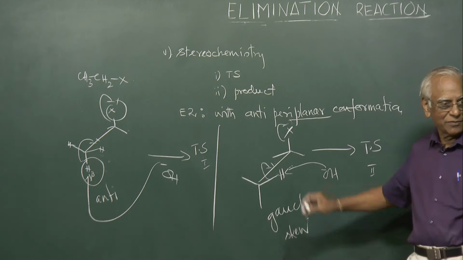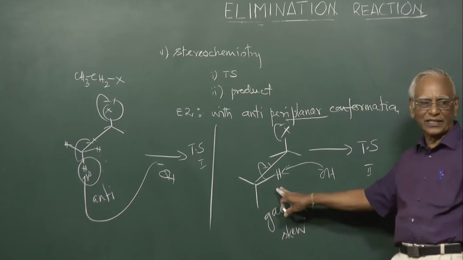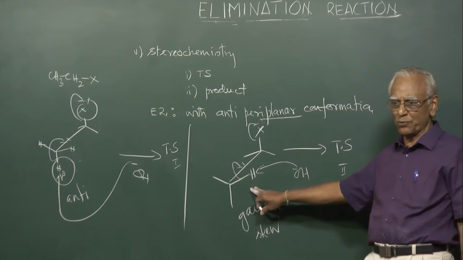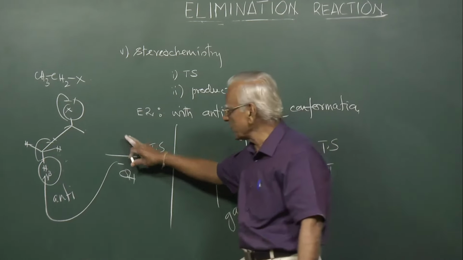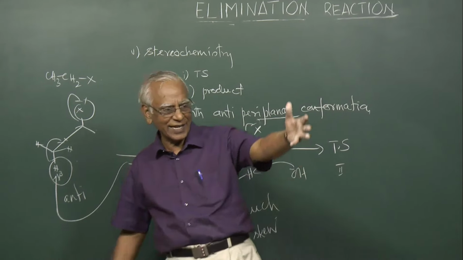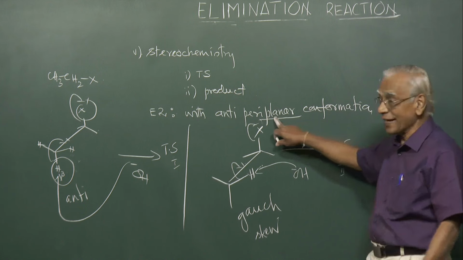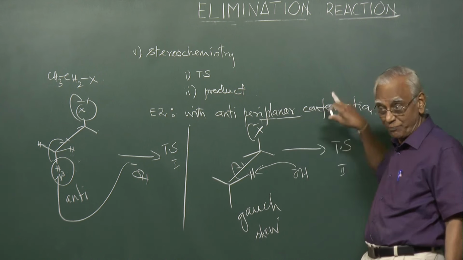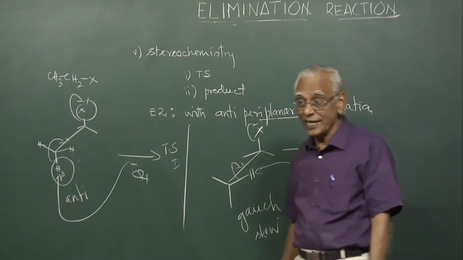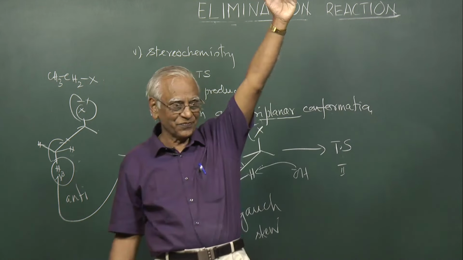It finds it difficult to abstract a gauche proton, skew proton. At the same time, the OH minus ion is able to abstract the anti proton, and that leads to the planarity. Therefore, that particular conformation is called anti-periplanar conformation.